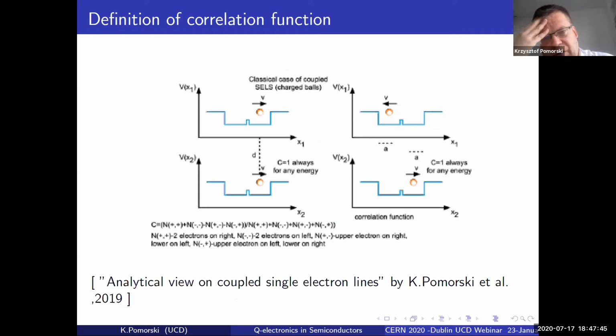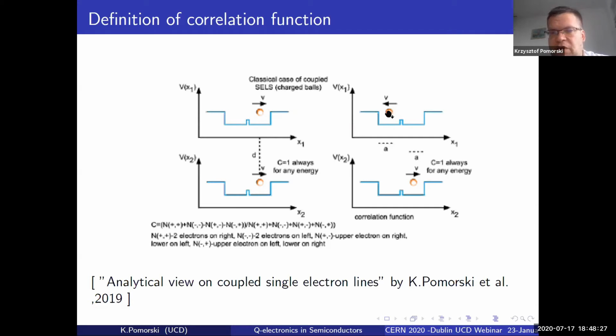In order to identify the state of a position-based qubit, I have defined a so-called correlation function. In a classical case, if you have two interacting qubits, it may happen that electrons are in an anticorrelated state, as on the right side, or in a correlated state. There are two possible correlated states: this one on the left side is n++, or both electrons on the right side; it's also possible that both electrons are on the left side, and that will be n--.